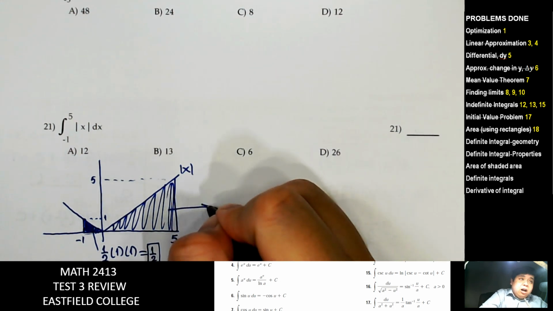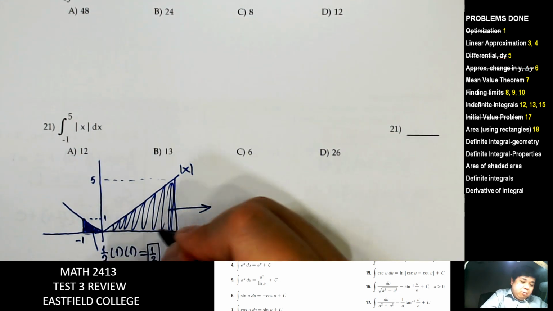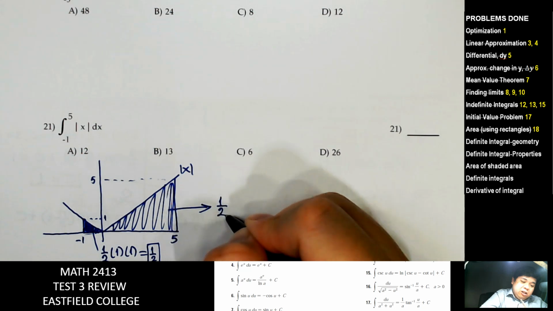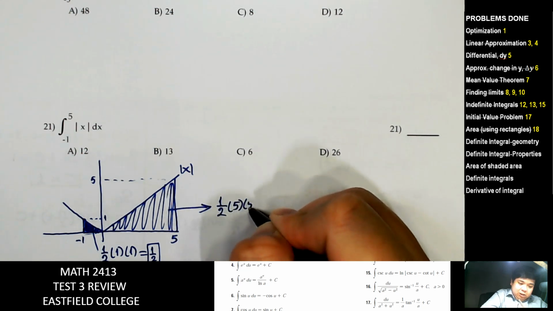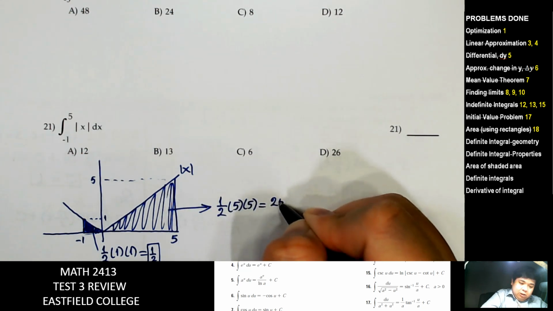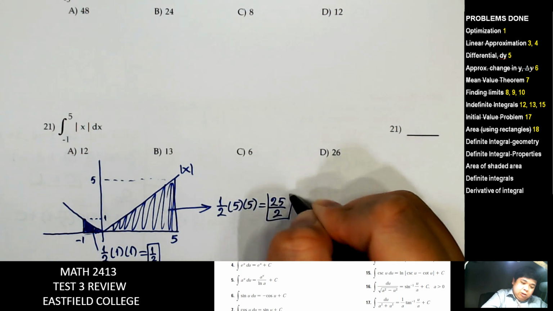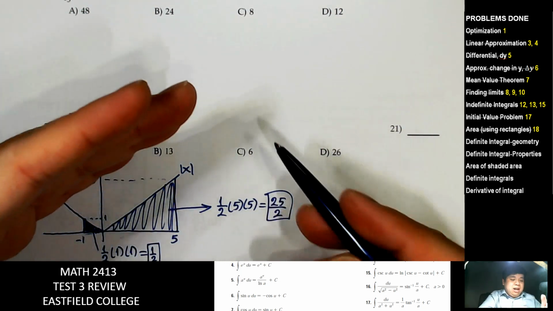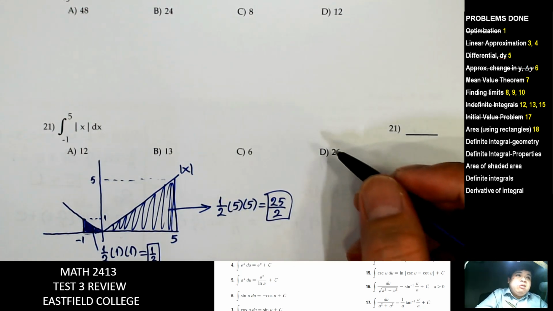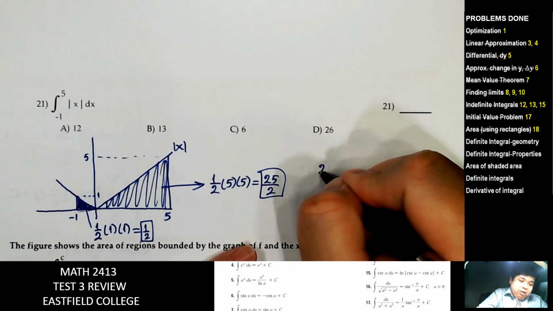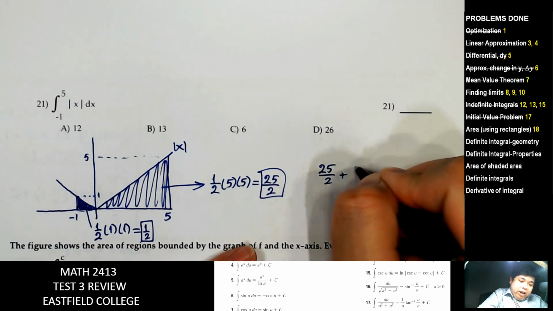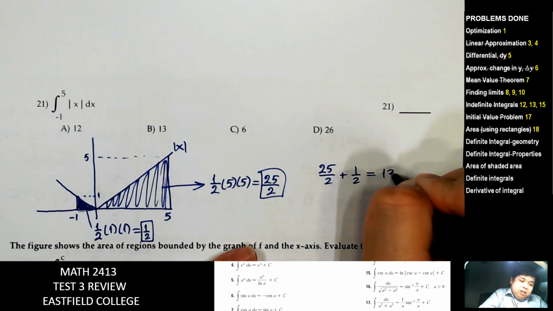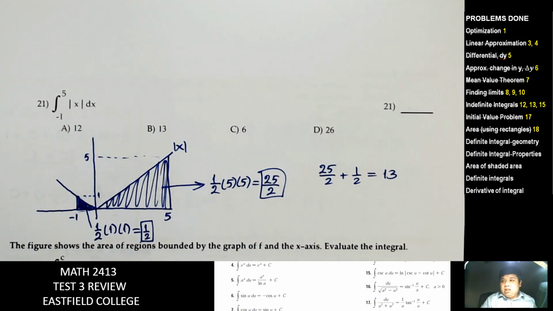For this triangle, 1/2 base times height, or 5 by 5 is the whole square. Half of the square is 25/2. So 25/2 plus 1/2 is 13.